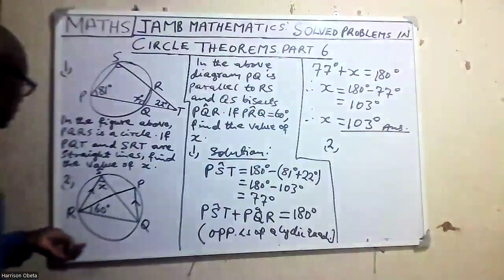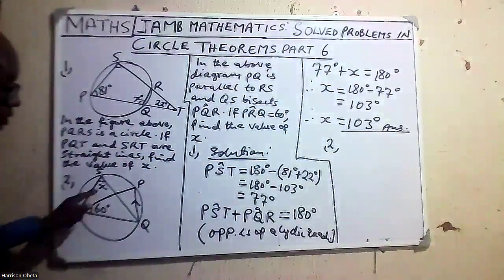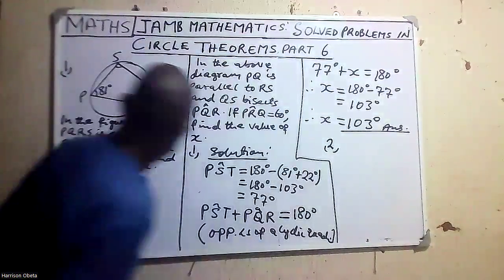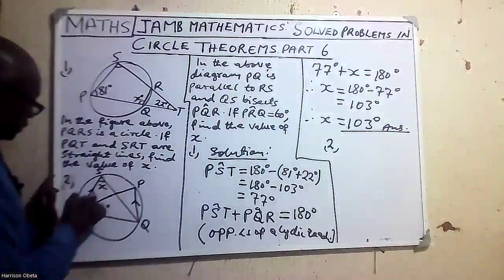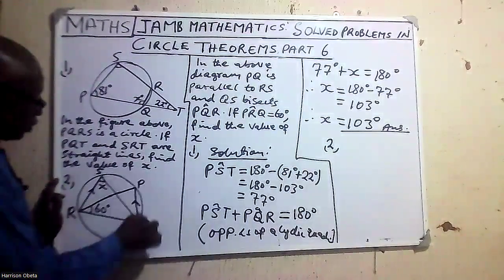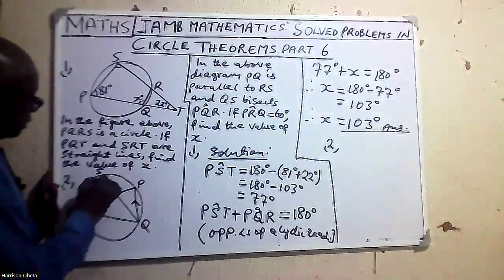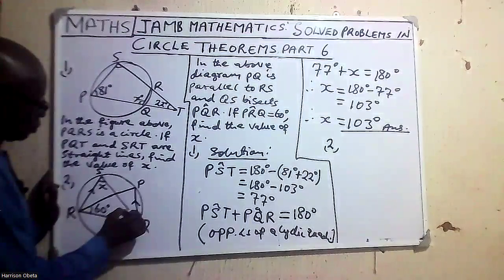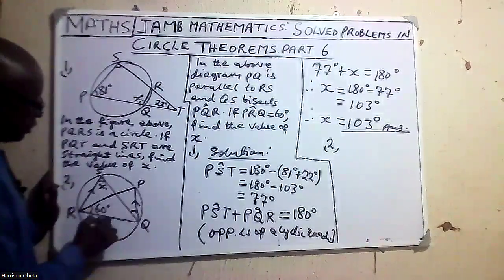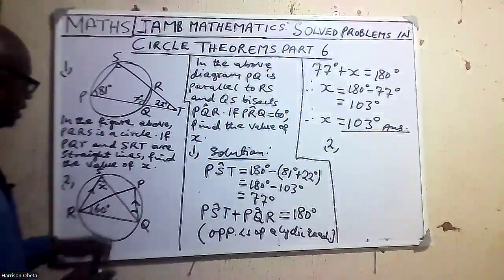In question number 2, you can see that we are looking for this X. And again, SR is parallel to PQ. So because of that, the angle here will be equal to the angle here. Reason, they are alternate angles.